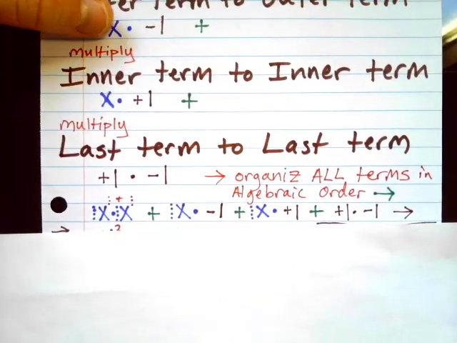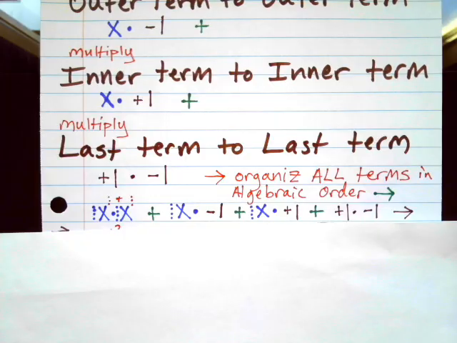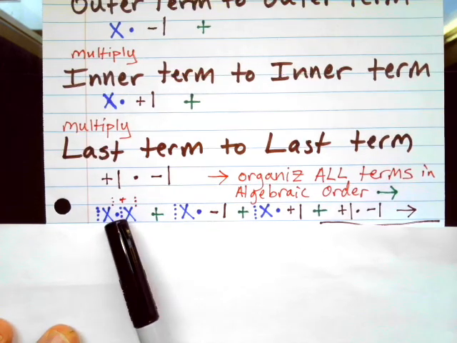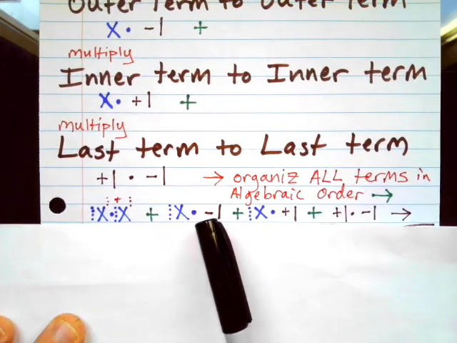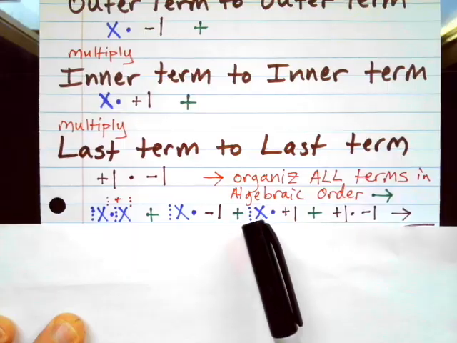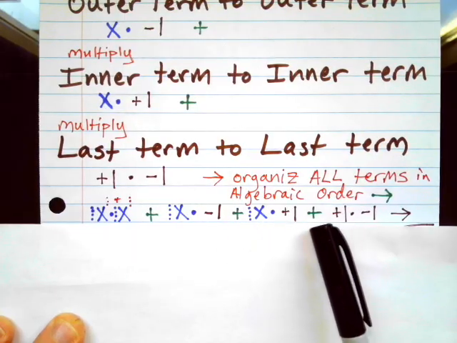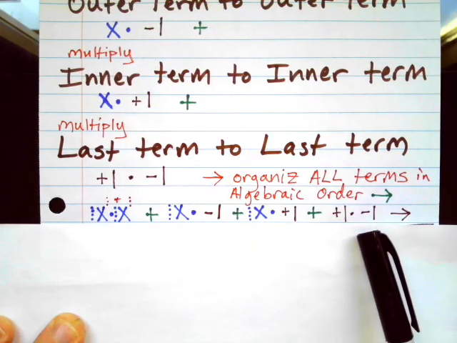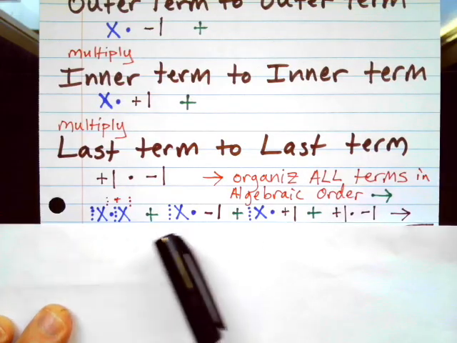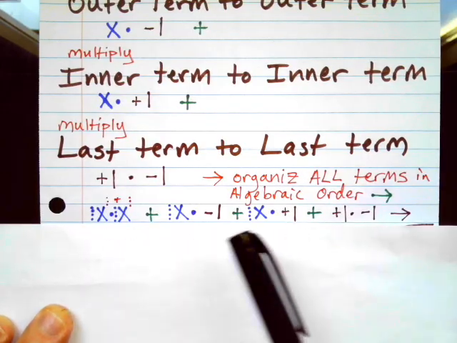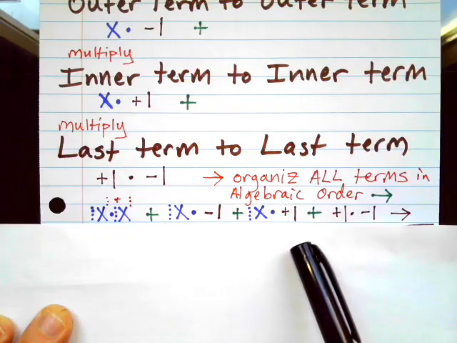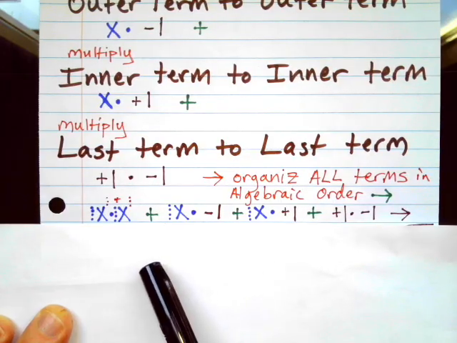Now, here I'm combining all of the terms that you had seen up above together. All right? x times x plus 1x times a negative 1 plus 1x times a positive 1 plus the positive 1 times the negative 1. I'm using very friendly numbers because I'm not interested in tricking you. I'm just interested in showing you how to FOIL.